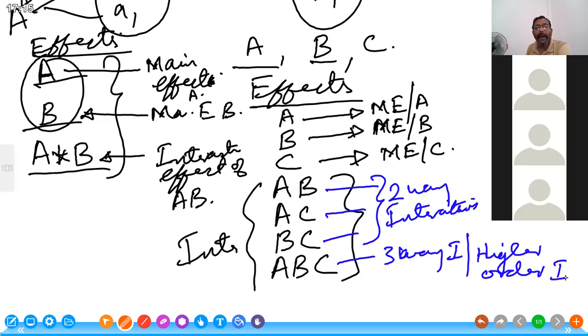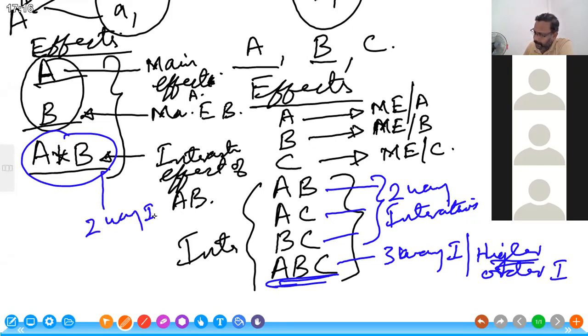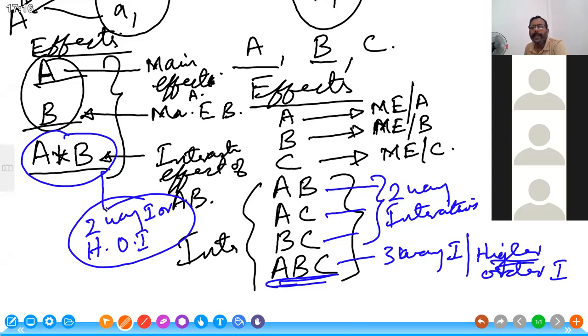Why higher? We say higher order interaction because that is the maximum order that we can get, A, B, C. Two-way interaction or higher order interaction, that is also possible. Is it clear? Any questions?